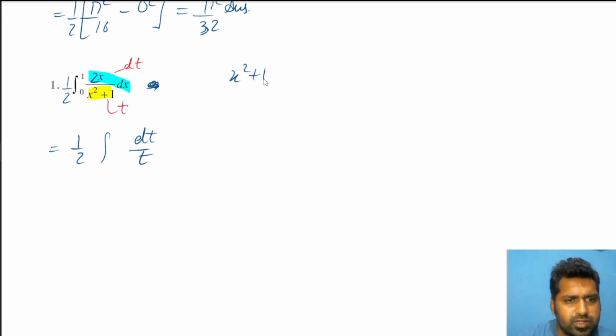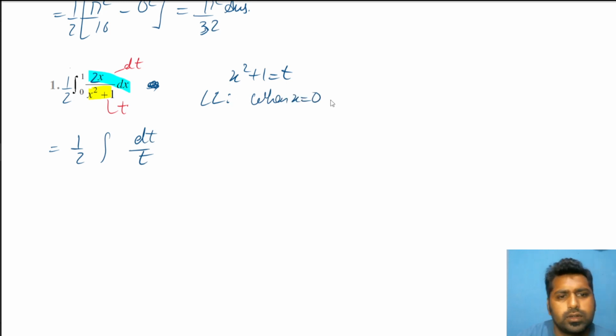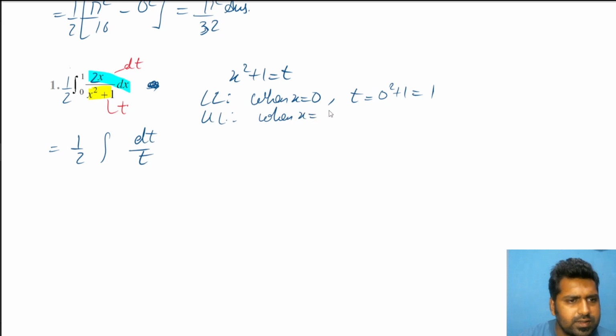We have taken x square plus 1 as t. So for the lower limit, when x is 0, your t is 0 square plus 1, so basically 1. For the upper limit, when x is 1, t is equal to 1 square plus 1, that's 2.